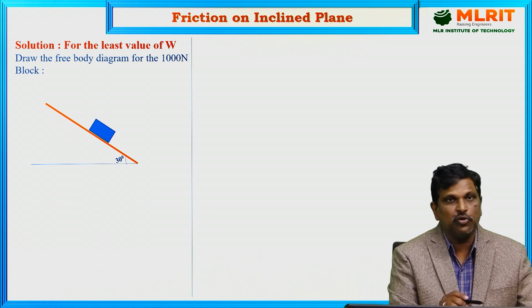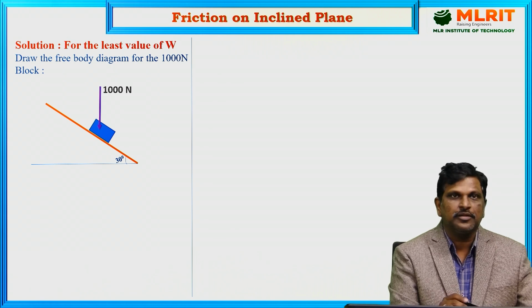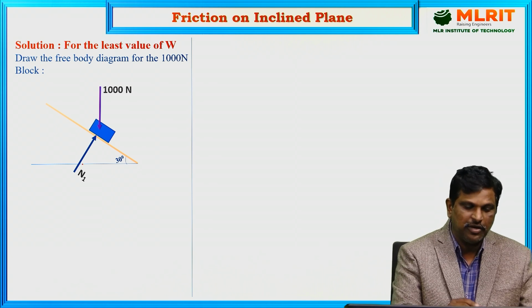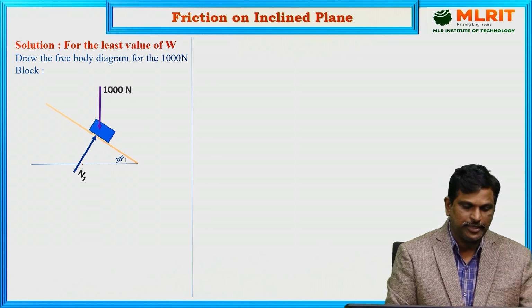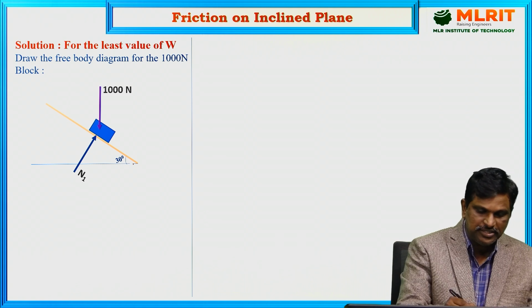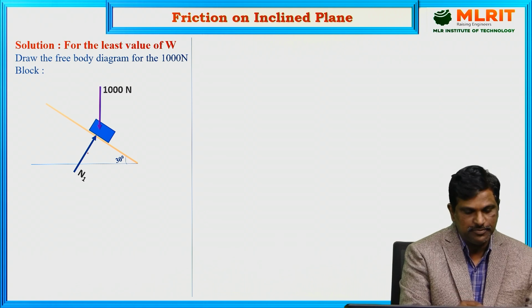The 1000 Newton block is resting on a plane which is at an angle of 30 degrees. The weight always acts vertically downwards, and the normal reaction will always be perpendicular to the contact surface. Here the contact surface is at an angle of 30 degrees to the horizontal, and normal reaction N1 is perpendicular to that.